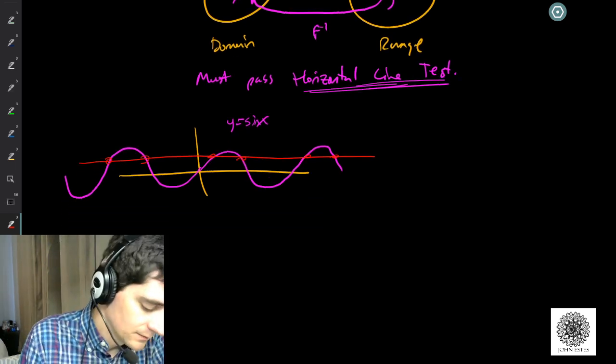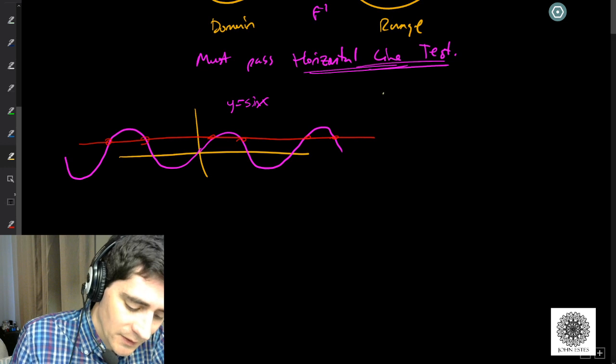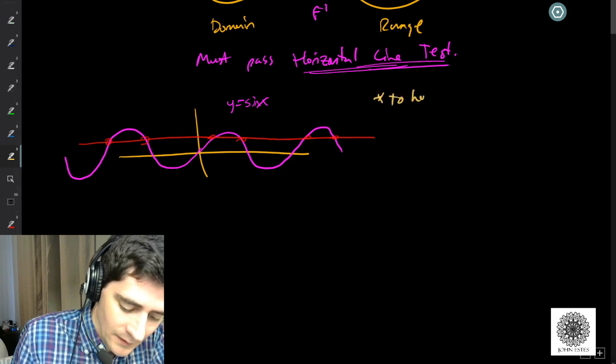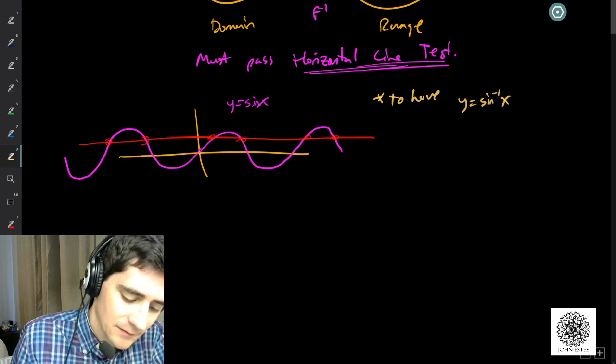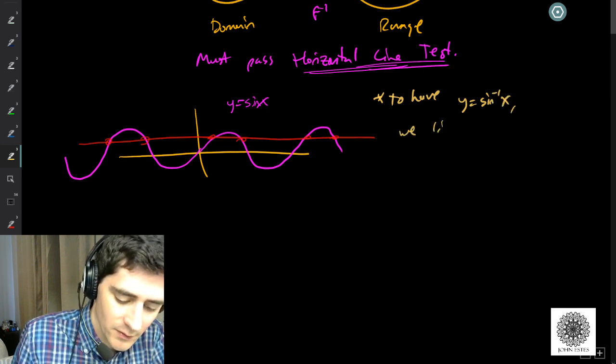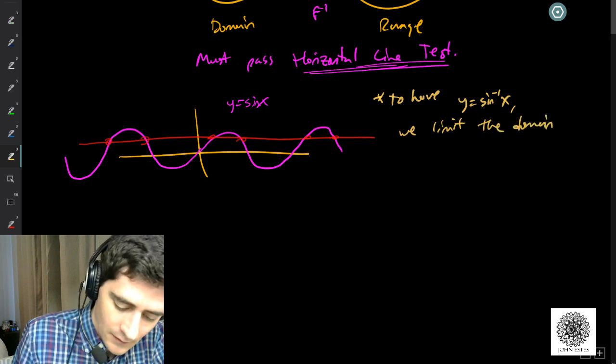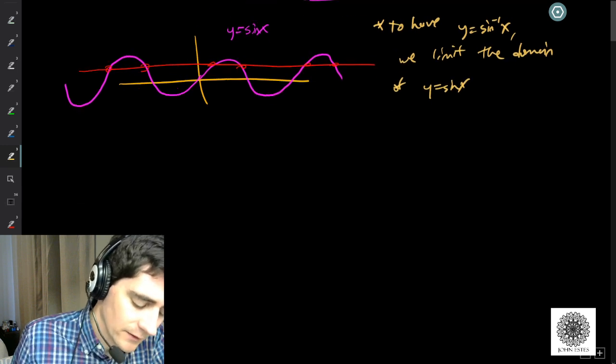So what we do, let me make a note: to have y equals sine inverse of x, we limit the domain of sine x. Right, here's what we actually do.